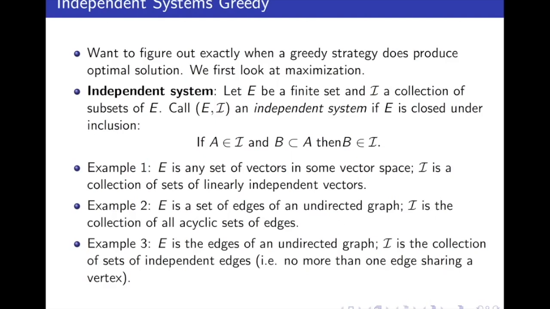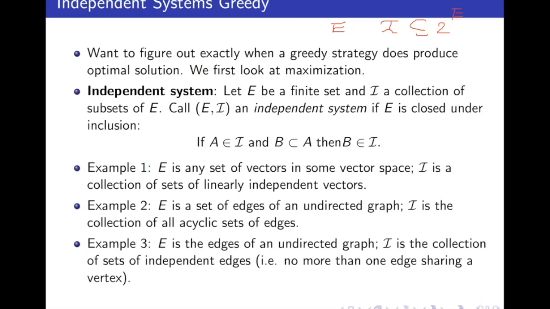We have a set E of any elements, and a set I, which is a collection of subsets, so it is a subset of the power set of E. The power set of E is all subsets of E, and I is simply a subset of that.